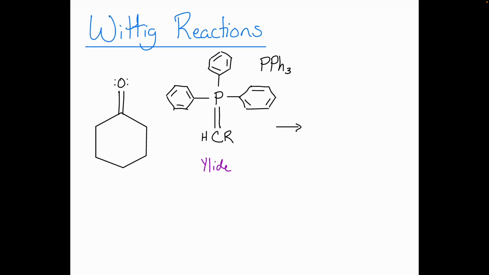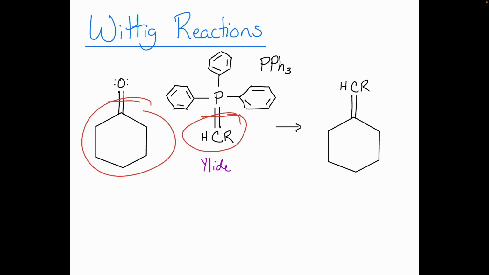Okay, and what we're going to do when we react this with our aldehyde or ketone, that carbon-oxygen double bond is now replaced with a carbon-carbon double bond from our ylide. So we're going to chop our carbonyl group at the double bond, we're going to chop our ylide at the double bond, and we're going to connect those two to one another. That's what these reactions are doing here.